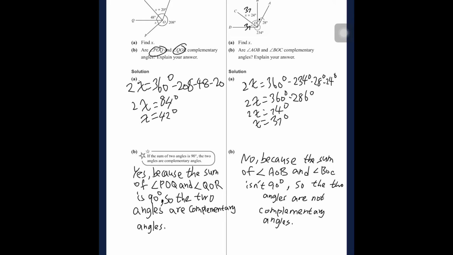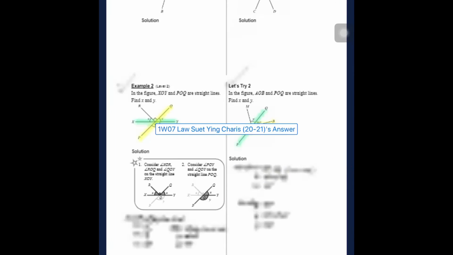Yes, the answer or the meaning is correct, but if you just tell me the sum of two angles is 90, or the sum of two angles is not 90, I cannot give you full mark, or I cannot give you mark, because you're just repeating the reason, or repeating the meaning of the complementary angles. So you need to give me the answer for angle POQ plus angle QOR.